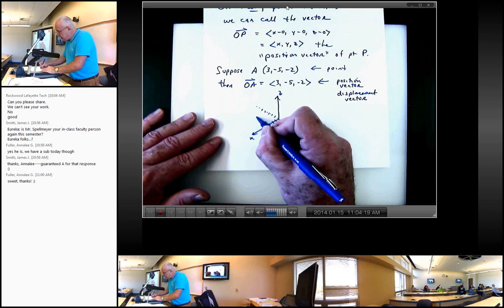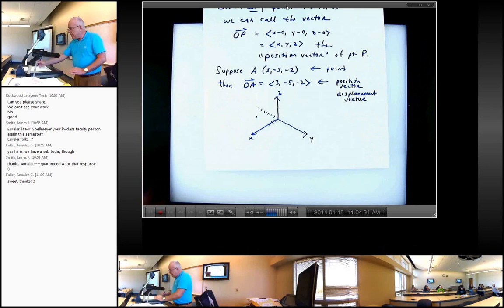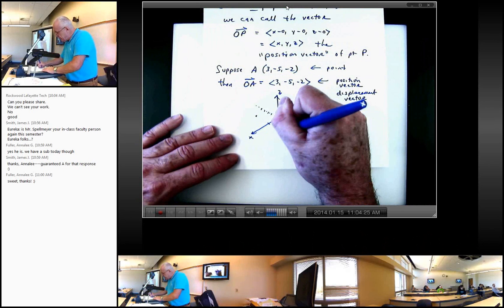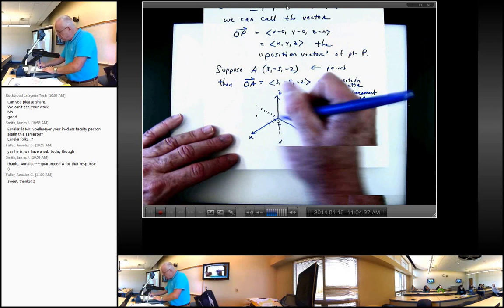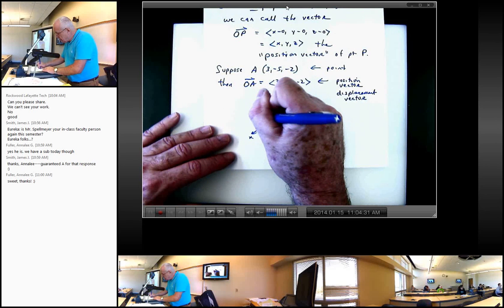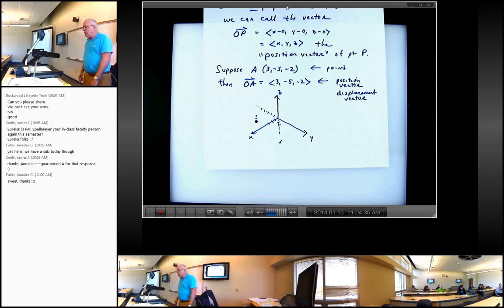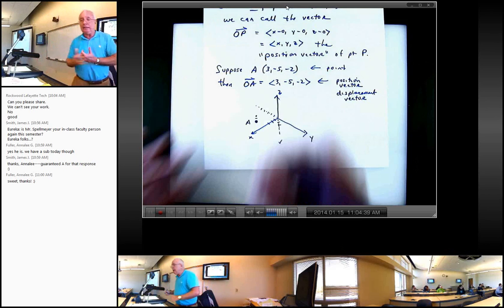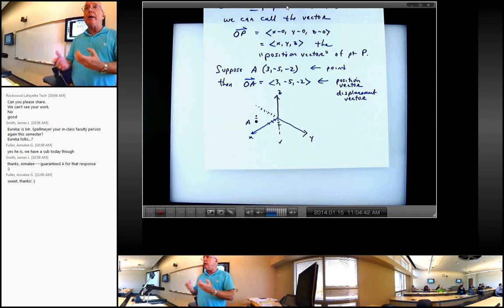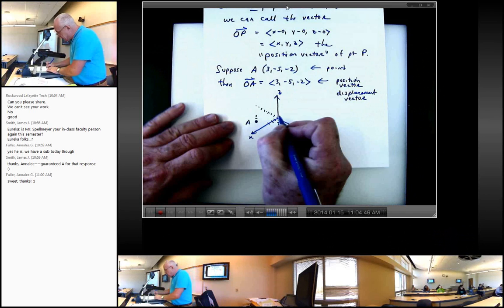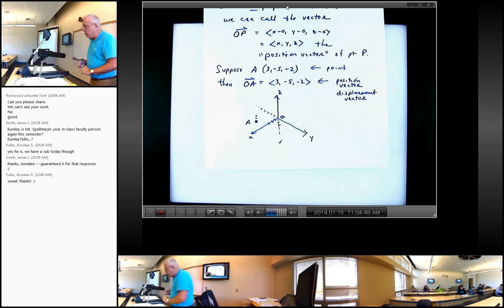So we're going to end up here. And then finally we go minus 2 in the Z direction, 1, 2. So we're going to go down 2 like this, and we're going to end up somewhere like this. So this is our point A. It's stuck there in space.